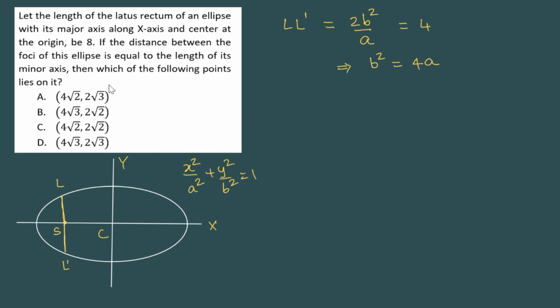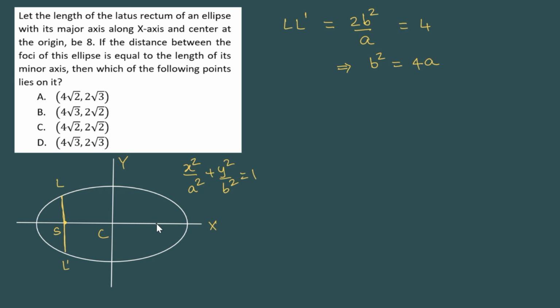In order to answer this question, we are trying to get the values of a and b so that we have the equation of the ellipse, and then we can use the equation to check if these points lie on the ellipse. Now, what is the other information we did not use? The distance between the foci is equal to the minor axis.